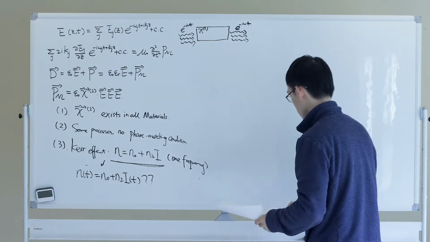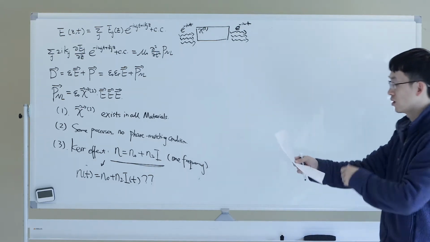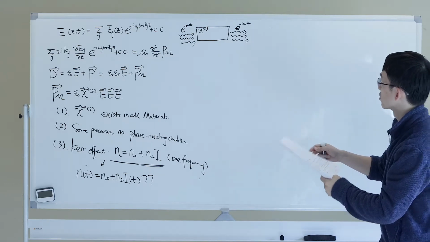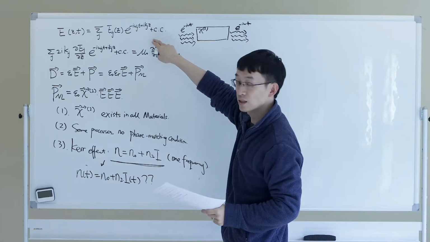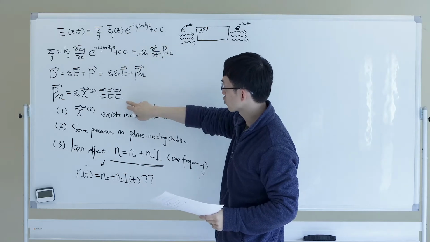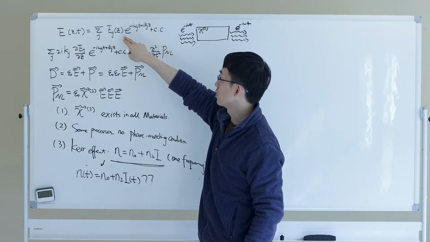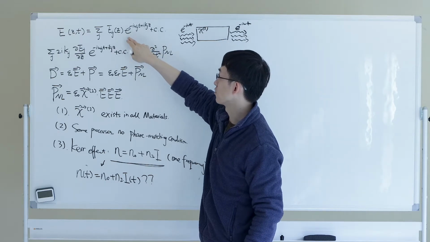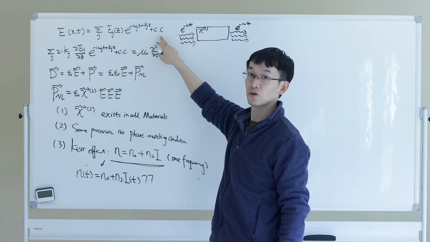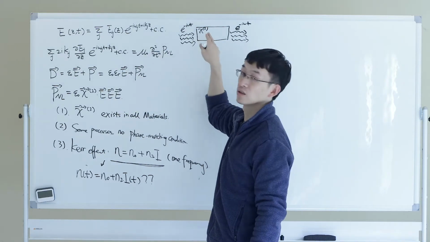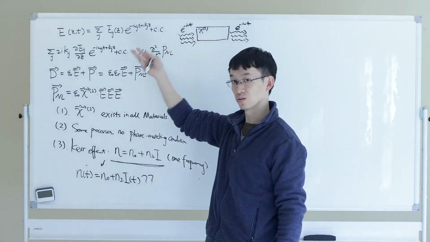So here what we can do is that, when we're doing the square or cube of your electrical field, both the negative frequency term, as we call it here, and its conjugate are useful, right? Because when you're doing the square, this one can multiply with the conjugate and produce some terms.